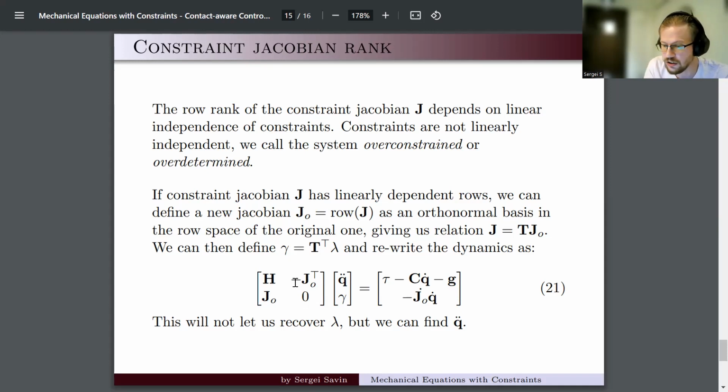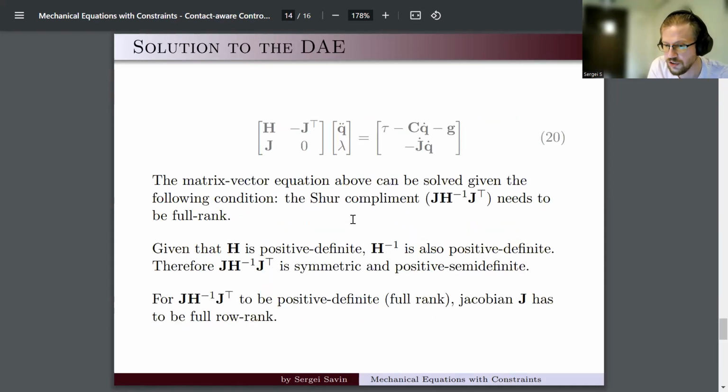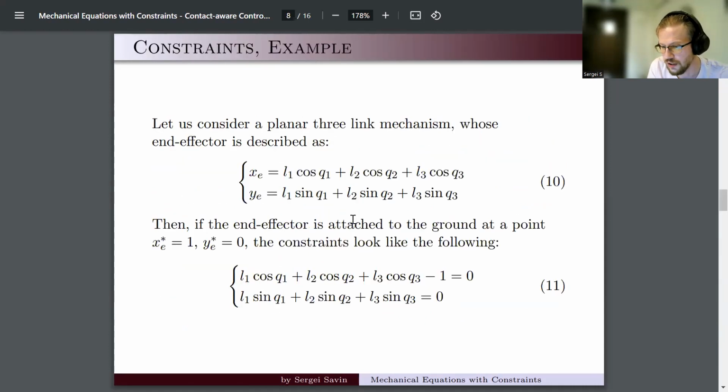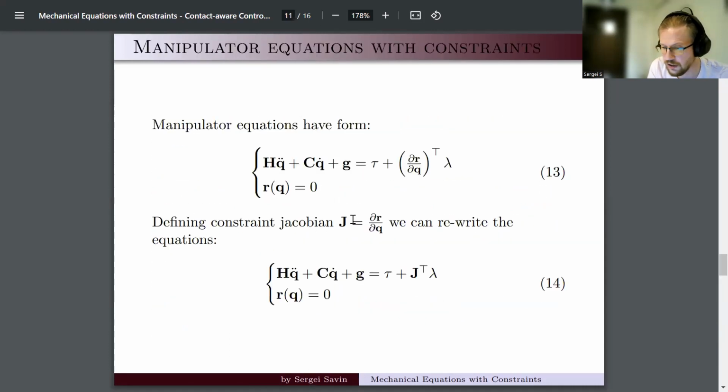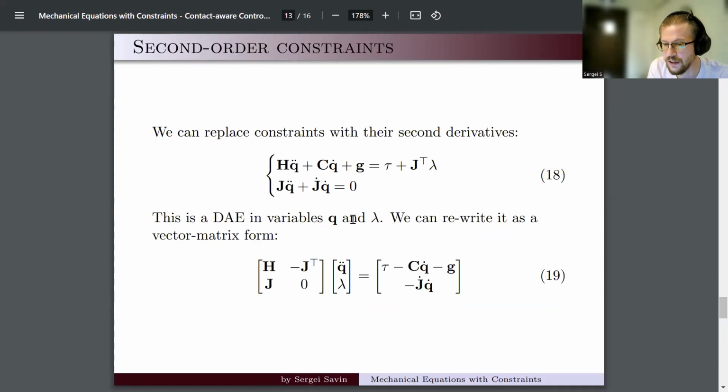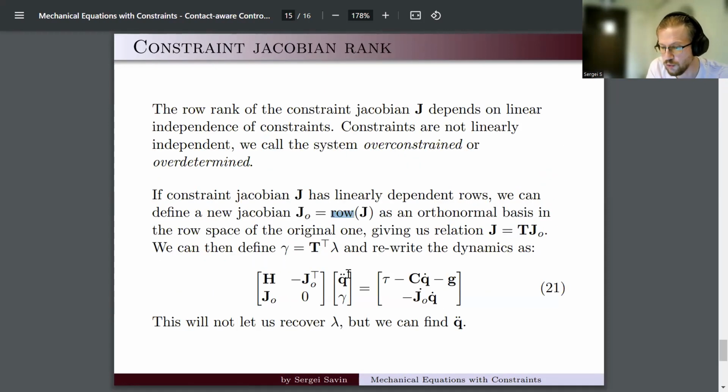So here I would like to close with one thought, right? We know how to describe systems with constraints, using Lagrange, using manipulator equations, right? And we know how to find q double dot. That is something that you can always expect to find.